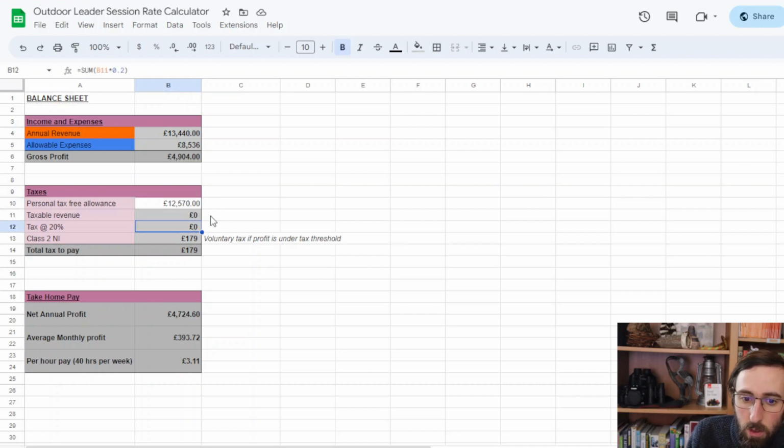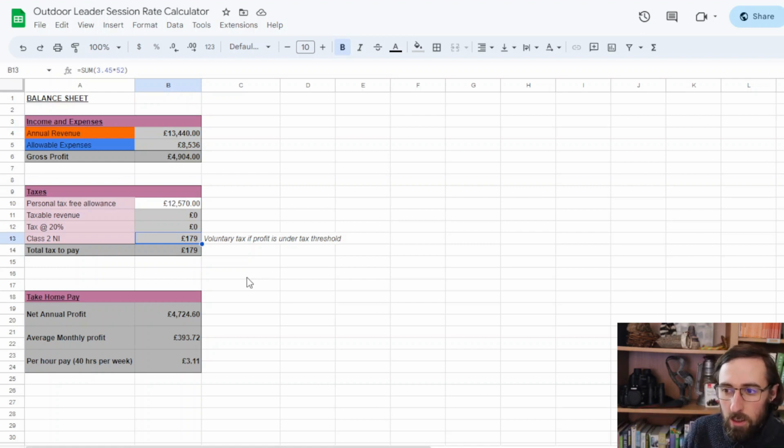Now, even though you're not required to pay any tax under that threshold, you may want to pay Class 2 National Insurance voluntarily. I won't get into that very much because, as I said, I'm not an accountant or expert on that.